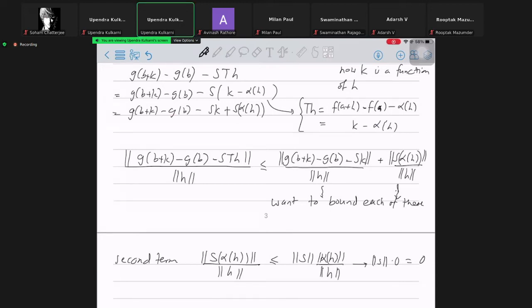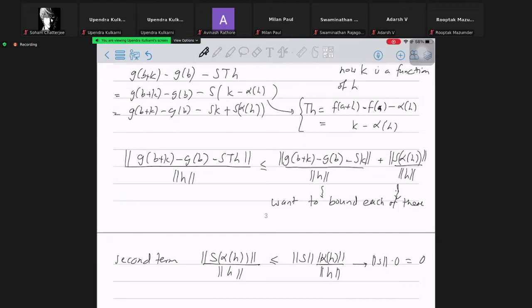No, but you see, S is being applied to alpha of h, no? I don't think I'm understanding what you're saying. Yeah, so maybe we can discuss this after class.